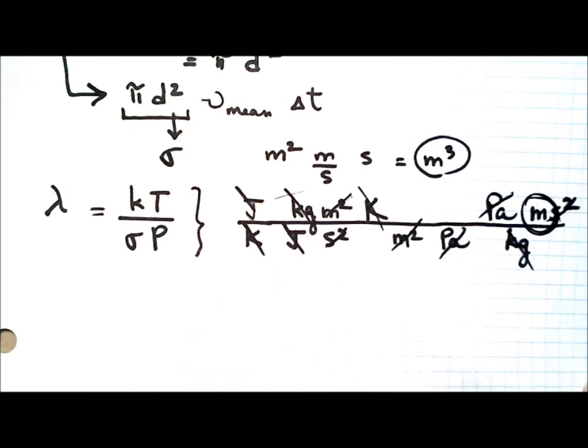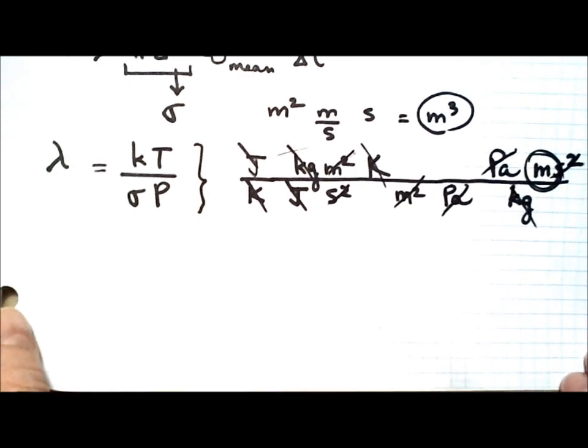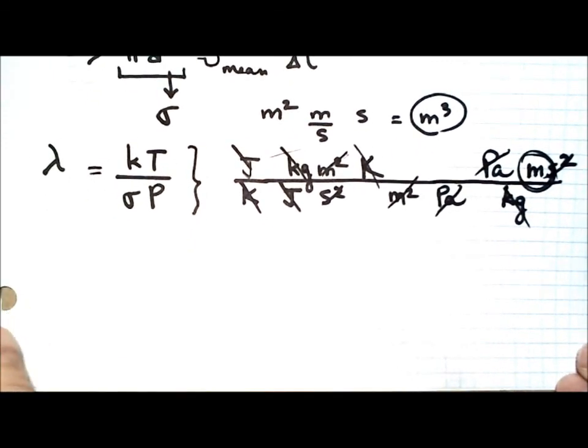It's really lovely if you do this, because it helps the person marking to say, oh yeah, there we go, everything cancels. The marker will still go through and make sure that the calculations and the cancellations make sense. Okay, so that's the distance the particle travels between collisions, or the mean free path.